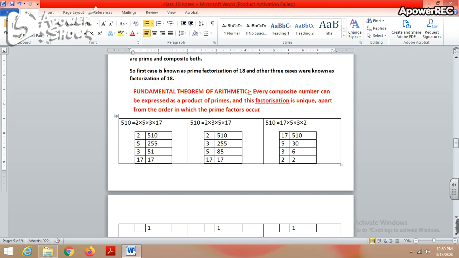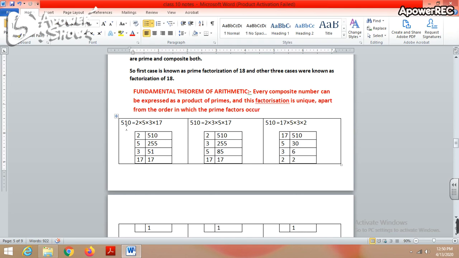Similarly here we have a number 510 and we write it as a product of primes. So when we factorize 510, then we get 2 into 5 into 3 into 17. Here also 2 into 3 into 5 into 17, 17 into 5 into 3 into 2. In all these cases the numbers are the same.